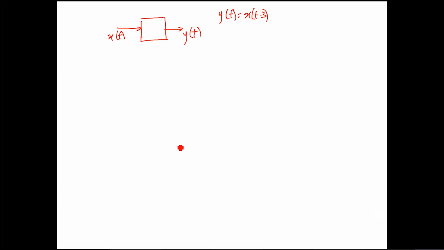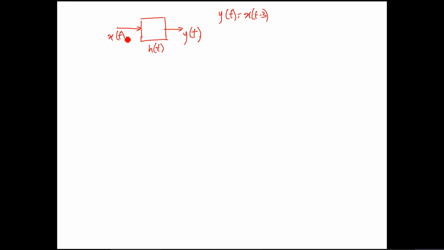Okay, so this was a simple example given to us, and let's see how the concept of eigenfunction can really help us here. We were not given h of t.